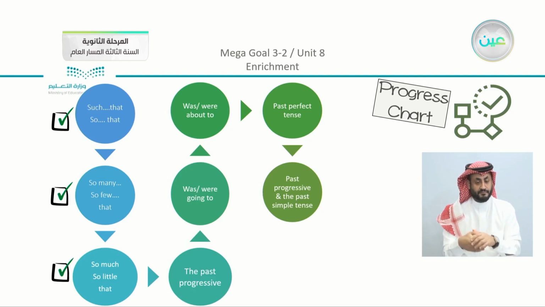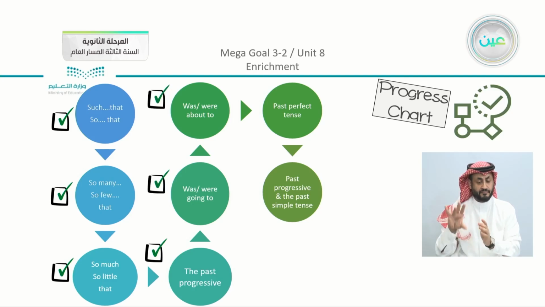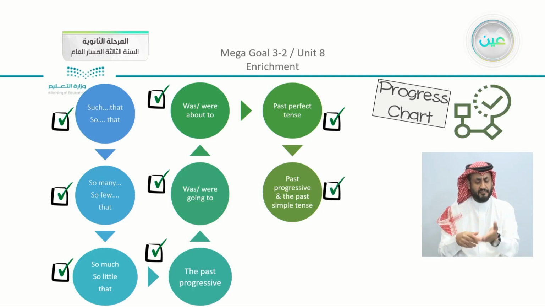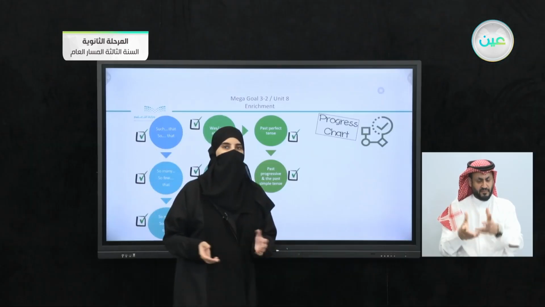Then we moved on to the form, meaning, and function lesson, where we revised the past progressive. We also covered was or were going to, and was and were about to. Then the past perfect tense, and at the very end we revised the past progressive plus the past simple tense. We have completed, alhamdulillah, our enrichment.